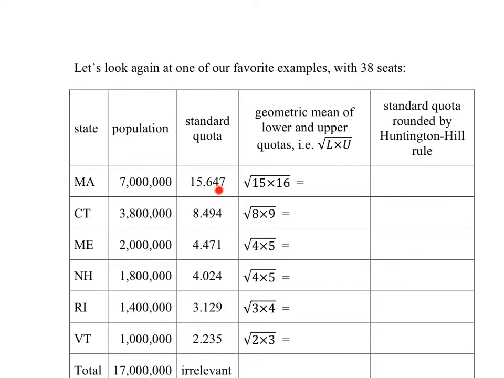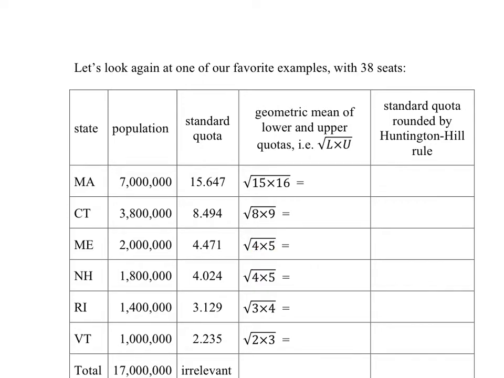So the Massachusetts standard quota is 15 point something, and therefore we have to compute the square root of 15 times 16. The Connecticut standard quota is 8 point something, so we compute the square root of 8 times 9. Maine has a standard quota 4 point something, so we compute the square root of 4 times 5.